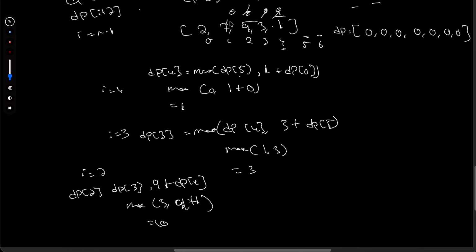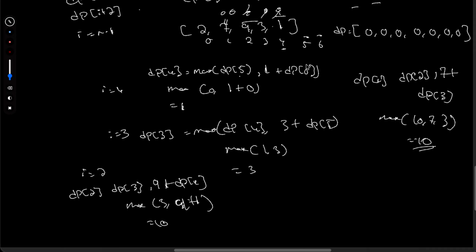Now i comes here: dp of 1 is max of dp of 2 and 7 plus dp of 3, so max of 10 and 7 plus 3, so the max is 10 only. Now i is at index 0, so dp of 0 is max of dp of 1 and 2 plus dp of 2, so max of 10 and 12, so the answer is 12.